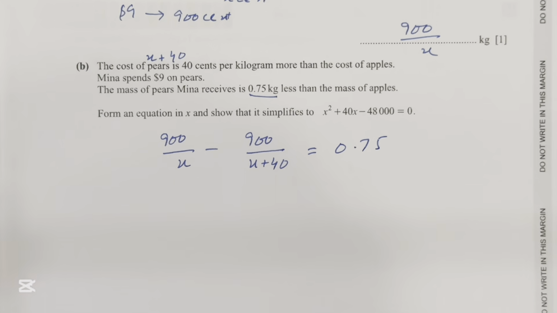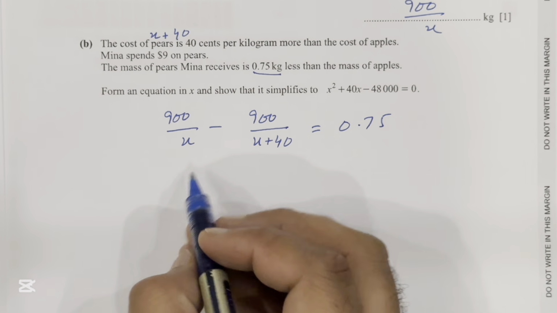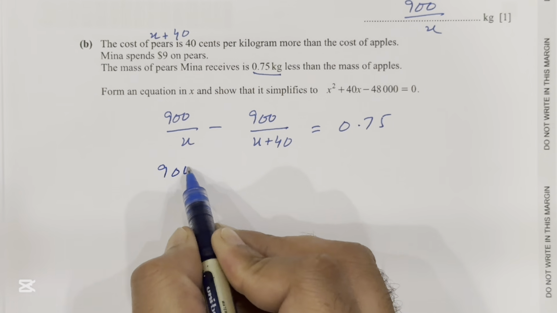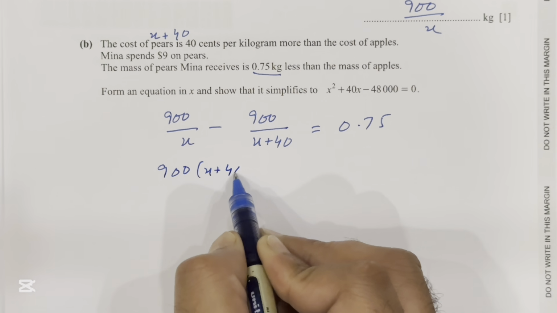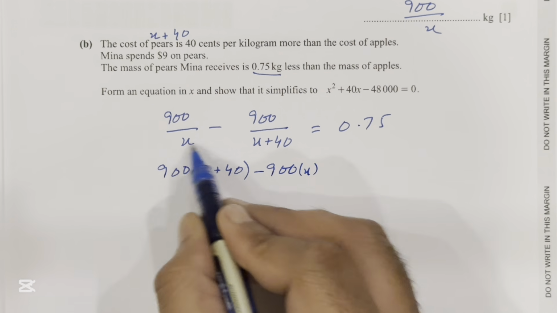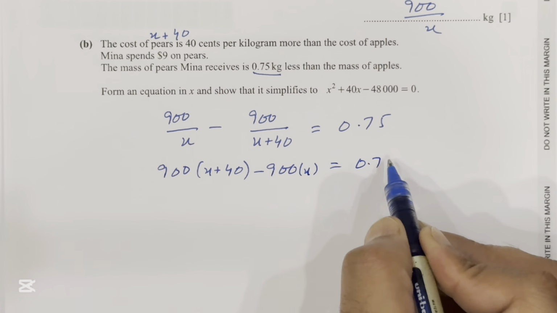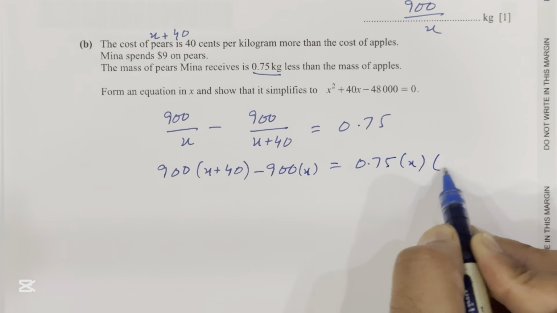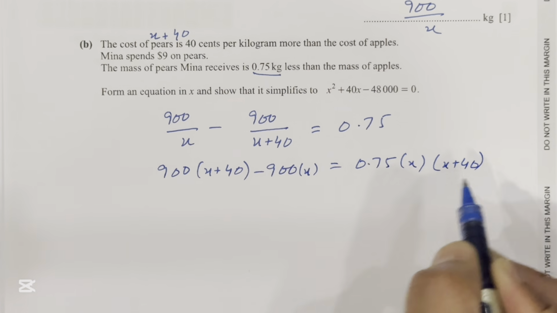Now you can solve this by algebraic method. Taking the LCM, it would be equal to 900 times x plus 40, then minus 900 x. This denominator would come to the other side, it would be equal to x and x plus 40.